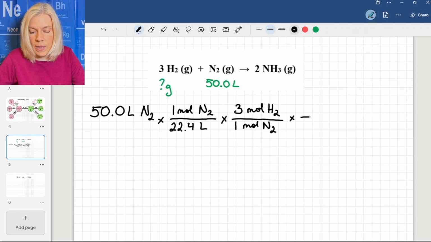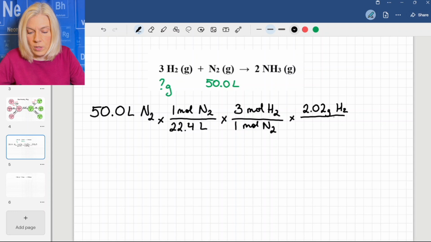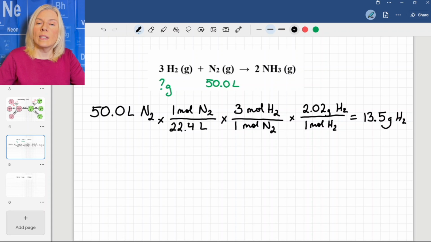And what's the molar mass of H2? Molar mass of H2 is 2.02 grams of hydrogen, H2 gas, for every mole of H2. And if you plug this into your calculator, you will realize that will be 13.5 grams of hydrogen is needed to react with 50 liters of nitrogen gas.